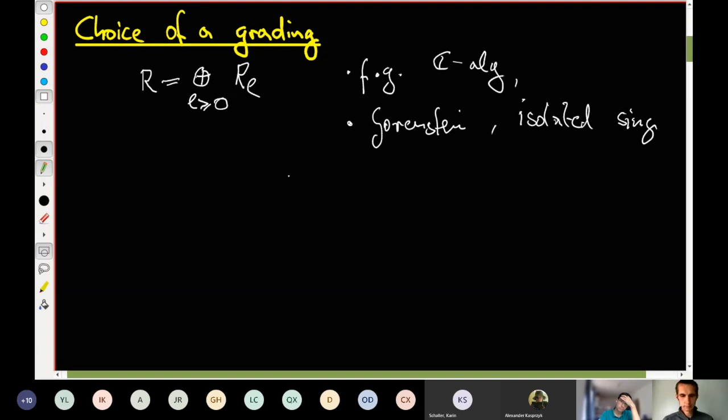And last property, we want that the component of degree 0 consists only of the constants. And if you wish, one more property, we want it to be log terminal.